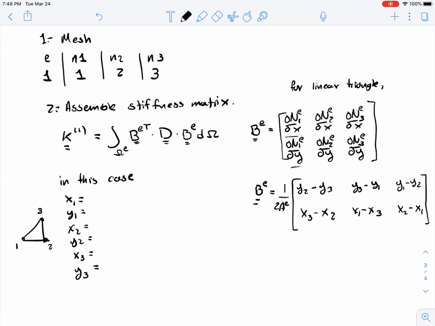So 1, 2, and 3, that is given by this guy right here. So the ordering of this will give us the global node numbers. And in this case, the local node numbers are also 1, 2, and 3.